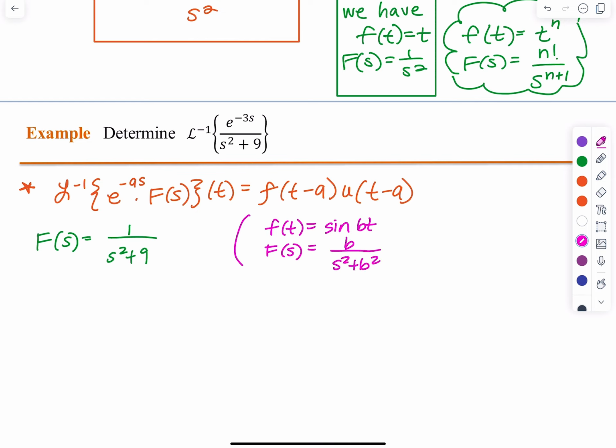So remember, when we have the cosine of bt, that's when we have an s in that numerator. So I just want to make sure we are using the table.